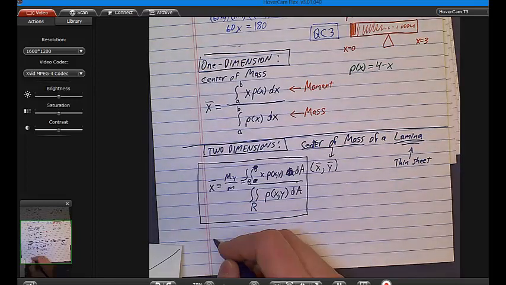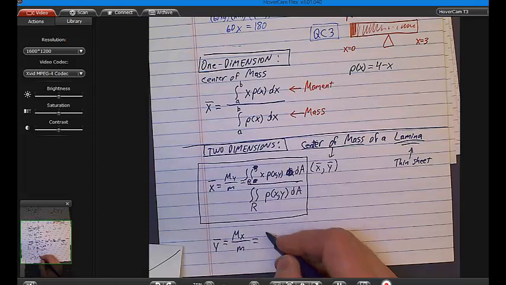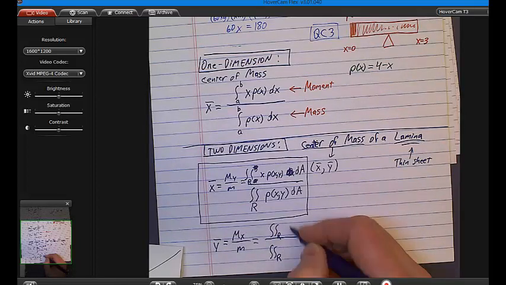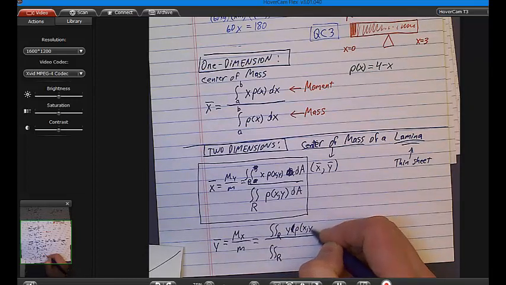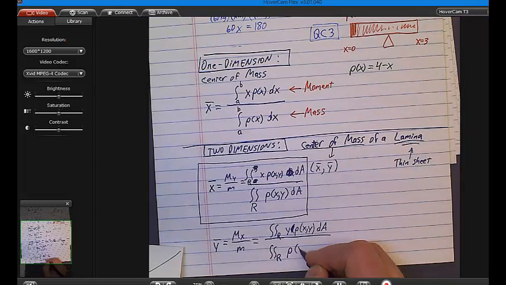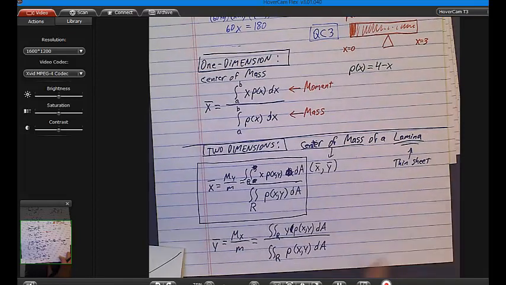And very similarly, y bar, what's that going to be? Take the moment across the x-axis, divide by the mass. So again, you have a double integral over a double integral. The difference is this one would be y times rho of xy dA, and then we divide again by the double integral of rho of xy dA.